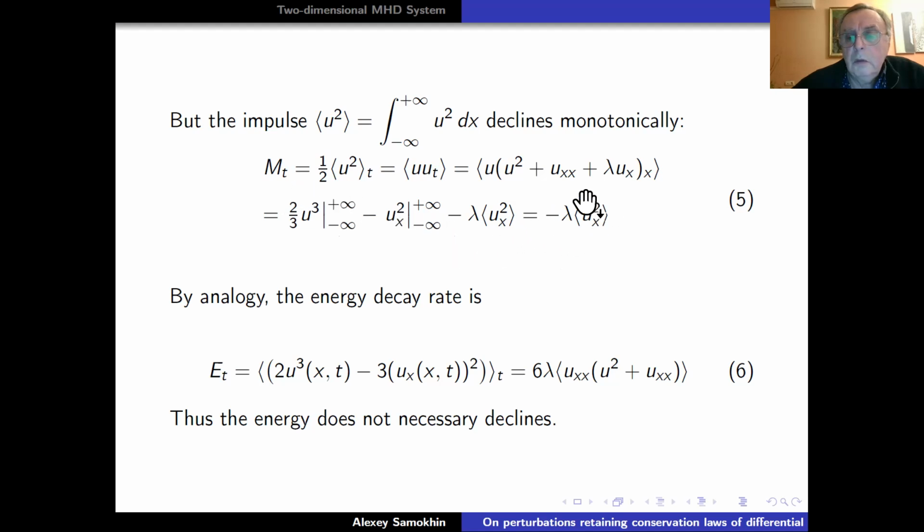It is equal to a negative result, and the energy decay rate is like that. Energy does not necessarily decline with the addition of dissipation.